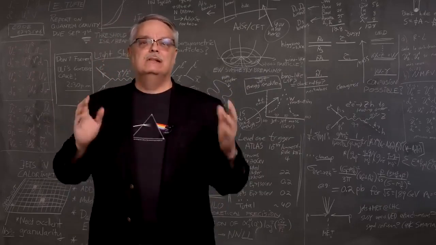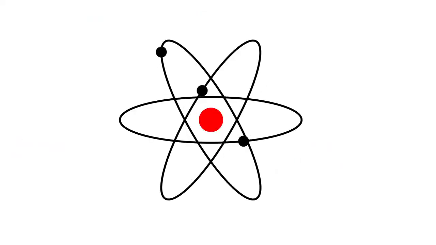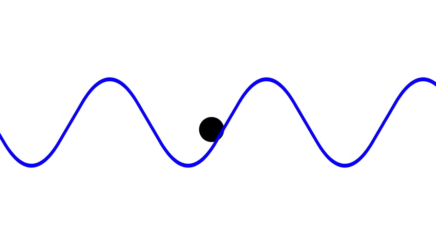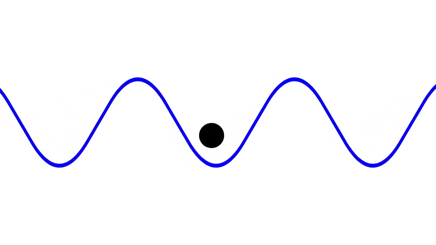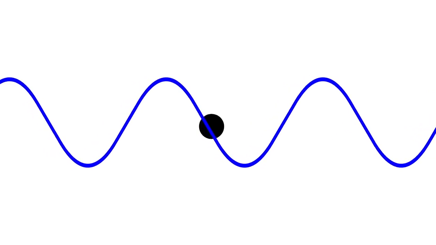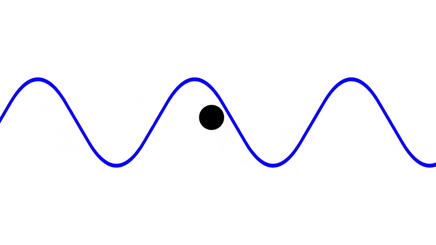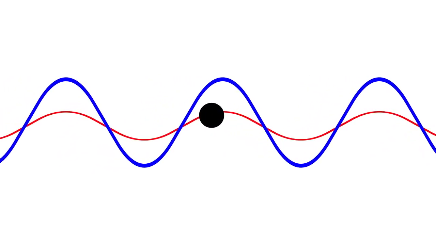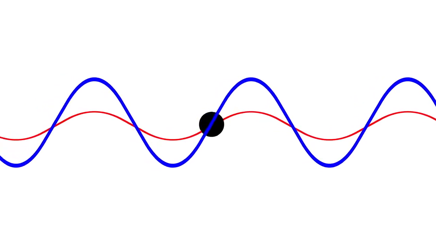Now, of course, glass is made of atoms, which are surrounded by electrons. Electrons have an electrical charge, and that charge feels a force from the oscillating field of light. Because it feels a force, the electrons move. But moving electric charges also set up their own oscillating electric field.